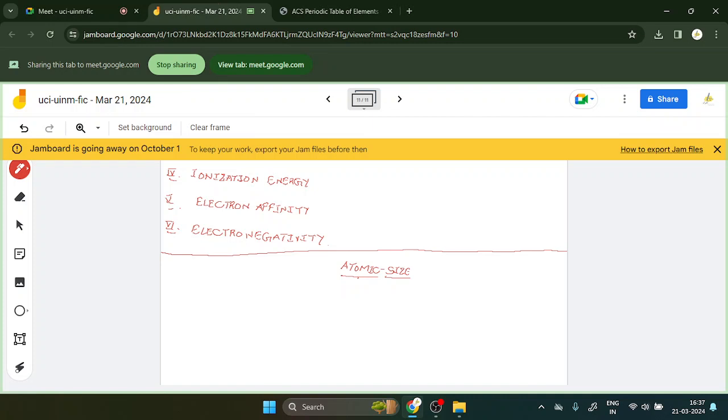For example, suppose I have an element like this, and this is the shell. Suppose this has two shells, right? Two shells. I'm drawing it like this, but let me take this figure.